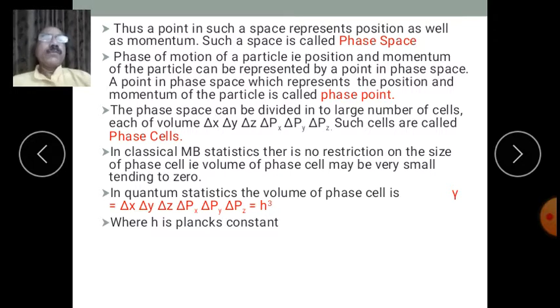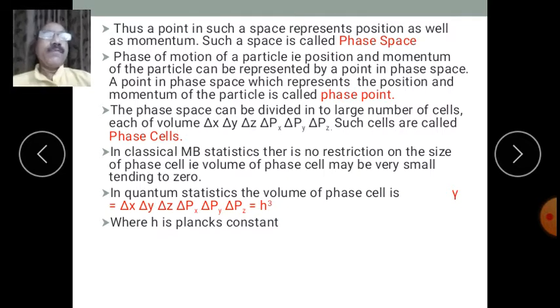Phase represents the phase of motion of a particle. So the coordinates of any point in phase space represent the phase of motion of the particle, that is, position as well as momentum of the particle.